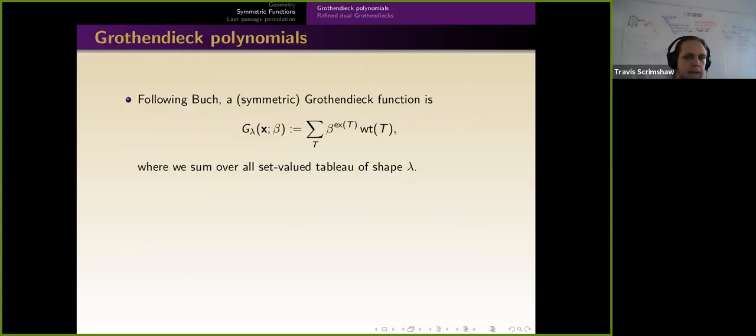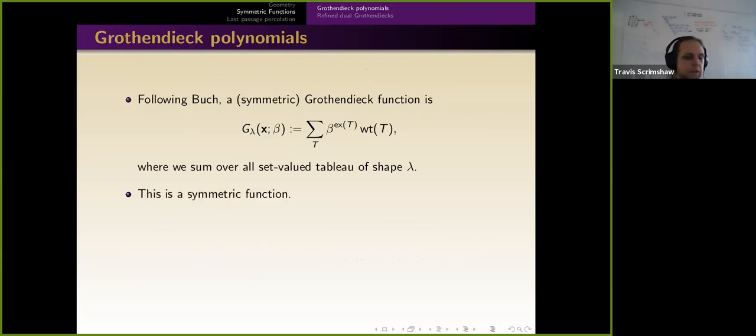And so a symmetric Grothendieck function will just be the sum over all set-valued tableaux of shape lambda, and we just take the weight and then we multiply it by this extra parameter beta to the excess.